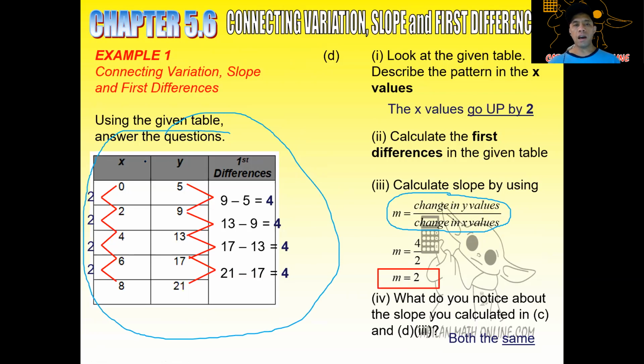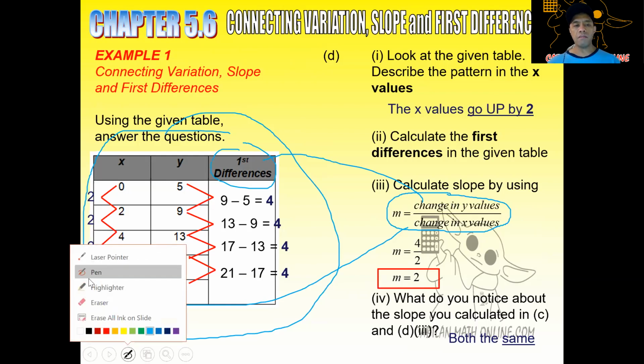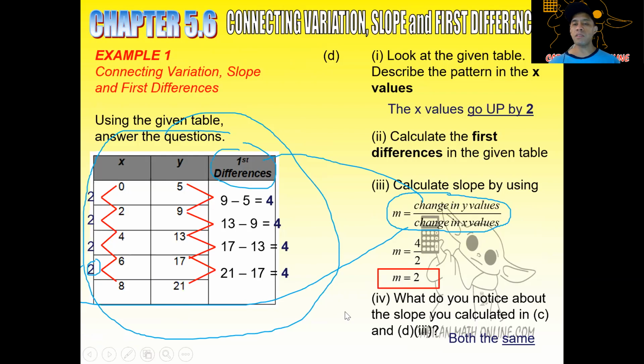So when you're given a table, write down the formula and just remember that the change in y values, that's the first differences, and the change in x values, that's this part over here, the 2. As long as you understand when to use that, then you should have no problems understanding when to use rise over run, when to use the fancy formula, and when to use this. All right, so now you've seen how the 3 different calculations for slope work and when to use them.